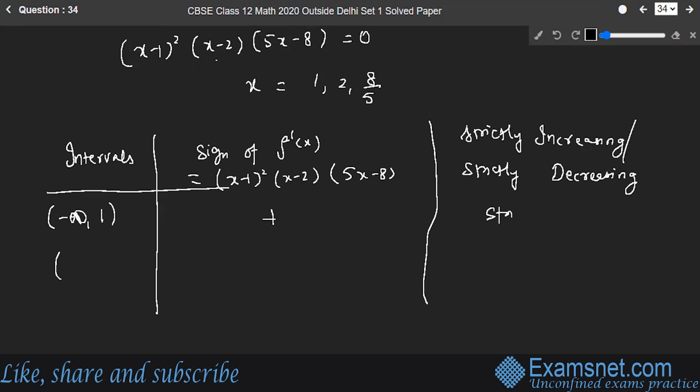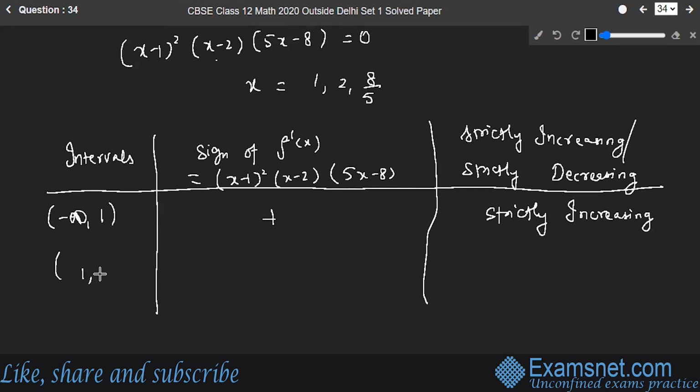Strictly increasing. And then from 1 to 8 by 5. If I'm taking it from 1 to 8 by 5, this is again positive, so again strictly increasing.